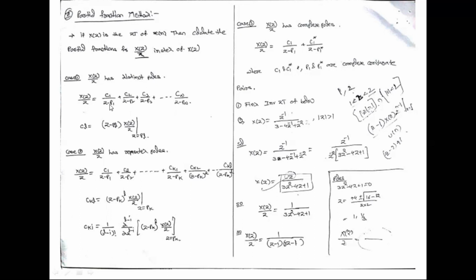Let it be c1 by z minus p1, c2 by z minus p2. We are always taking a by z minus a, b by z minus b, c by z minus c, and so on.